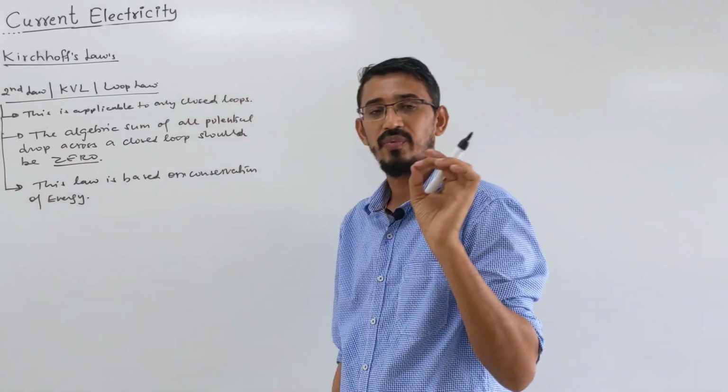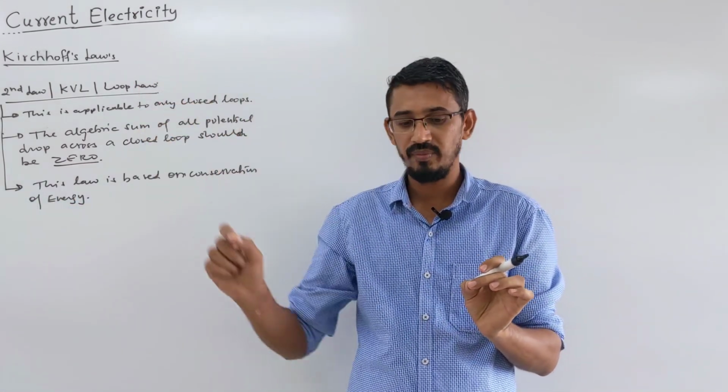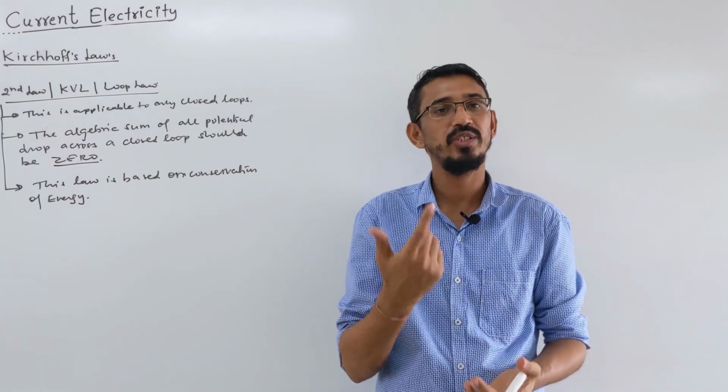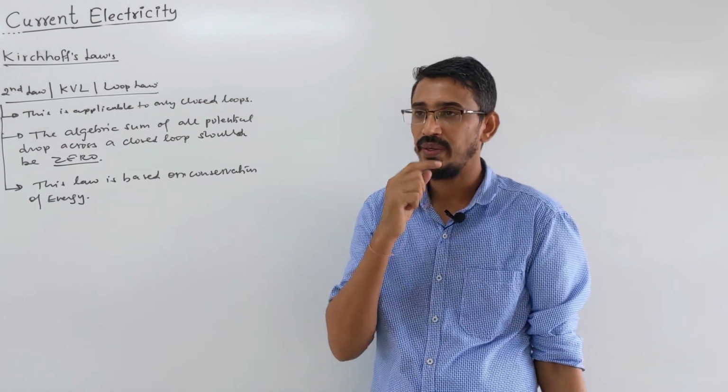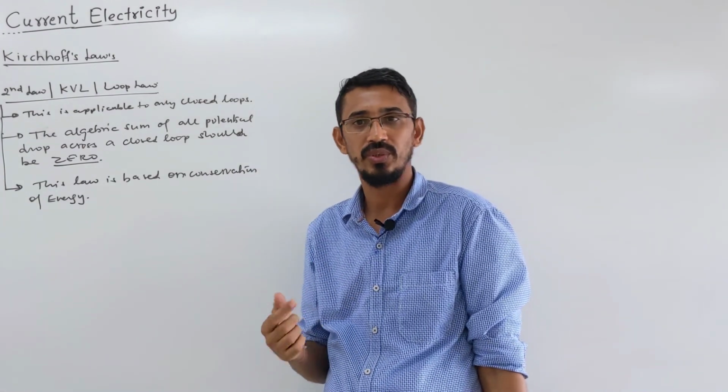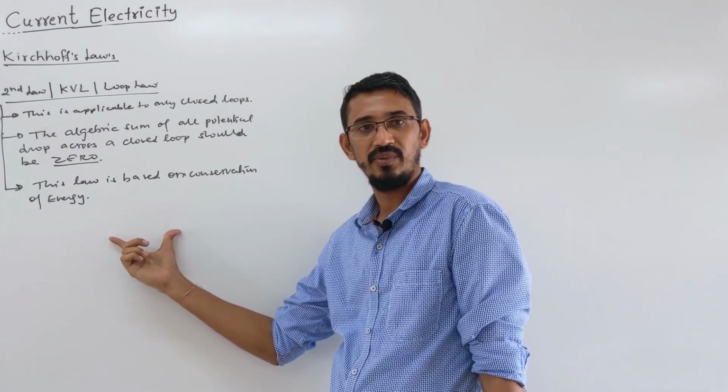You start from one point, go across a loop and come back to the same point, so the change in energy should be 0, and the change in potential should be 0. So energy remains conserved.